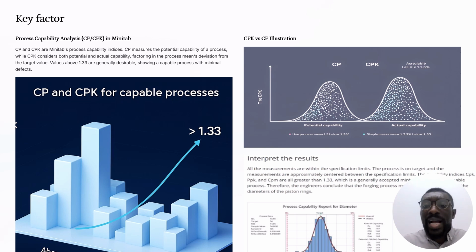So usually we look at the p-value. If it's less than 5%, that means it was statistically significant, and then we reject the null hypothesis. If the p-value was greater than 0.05 or 5%, it was not statistically significant, so we failed to reject the null hypothesis.